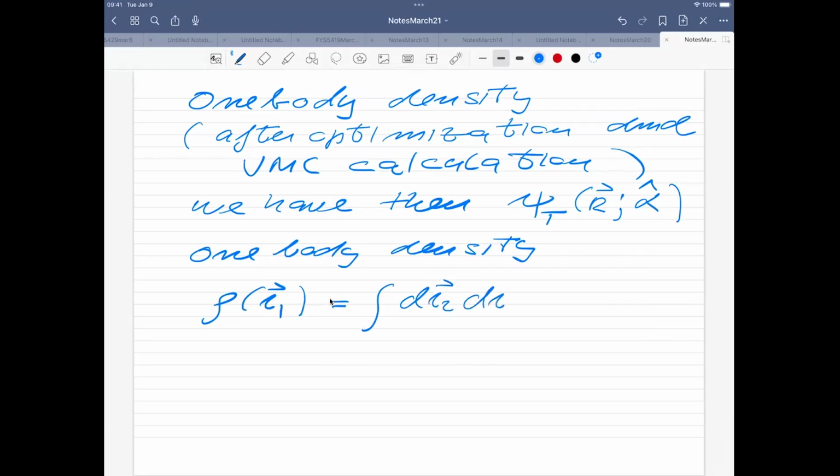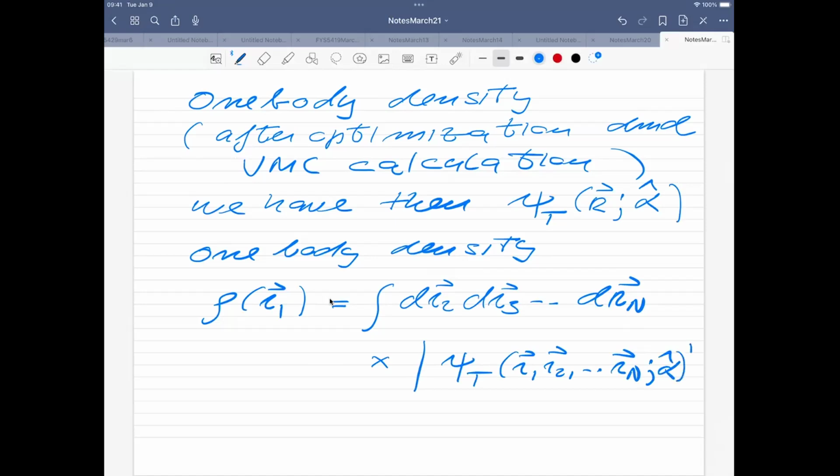Actually, you integrate away all but one. And this is then multiplied with the wave function squared. This is your trial wave function, and then you have R1, R2, up to Rn. And then you have this one for the optimal parameters, and this is just squared.